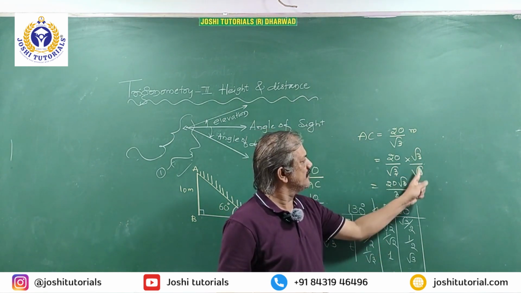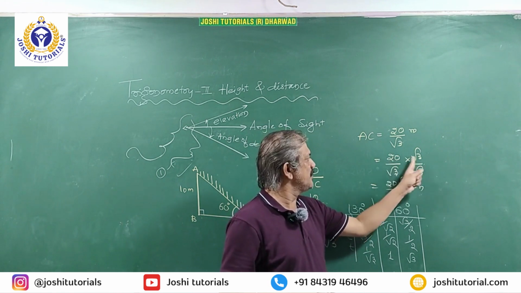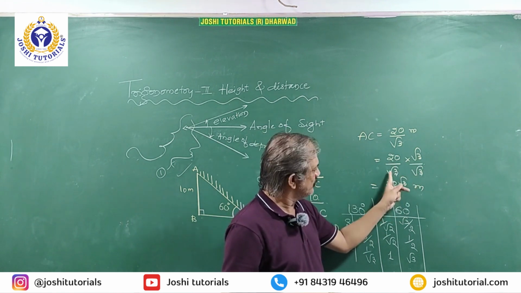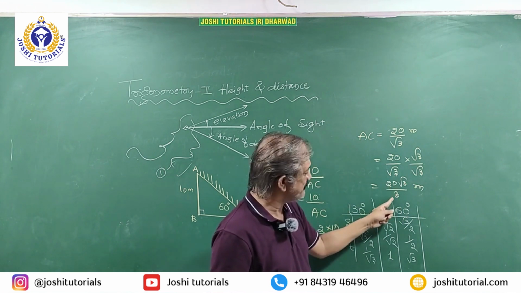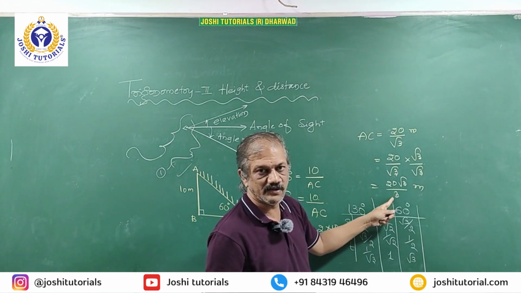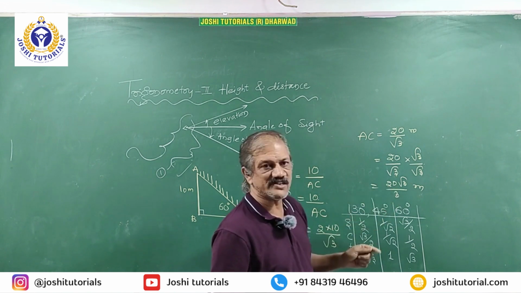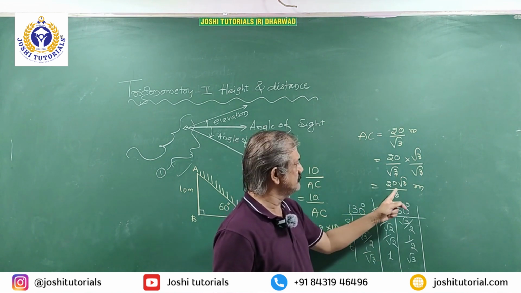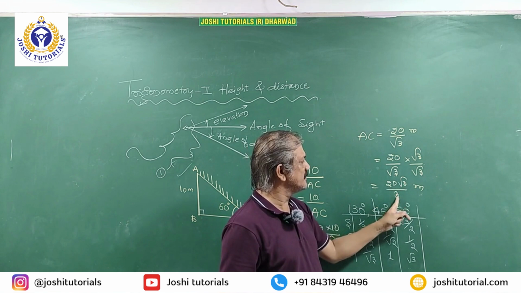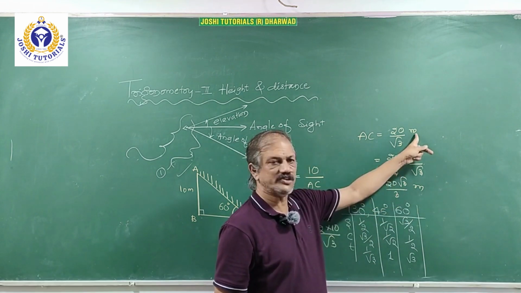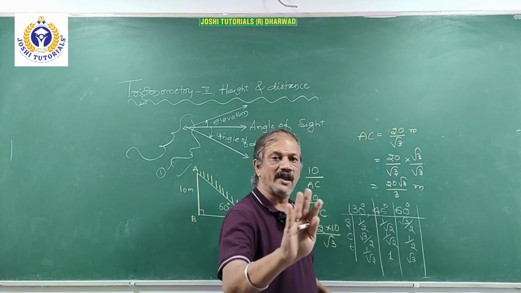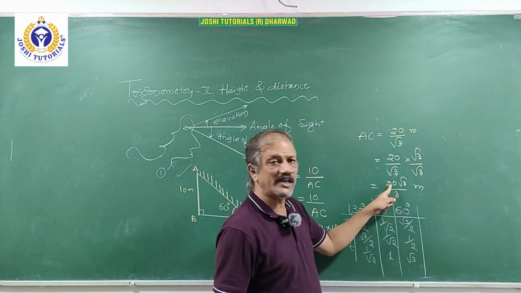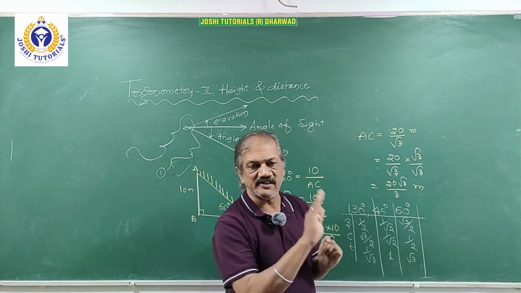Multiply by root 3 divided by root 3. 20 into root 3 is 20 root 3. Root 3 into root 3 is 3. So you cannot cancel 20 by 3. So the answer is 20 root 3 by 3 meter. If 20 and 3 completely cancel, you can. Suppose it is a 2, 2 tens are 10 root 3, you can write the answer.